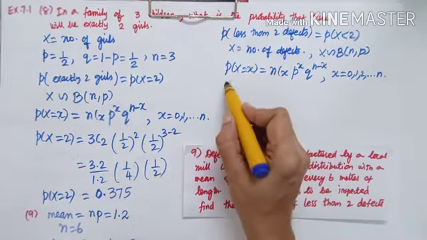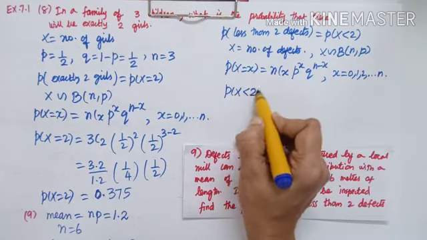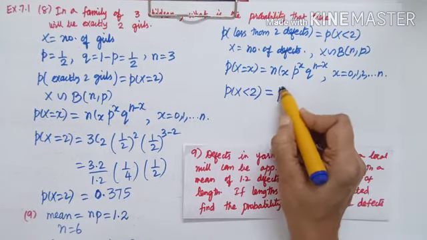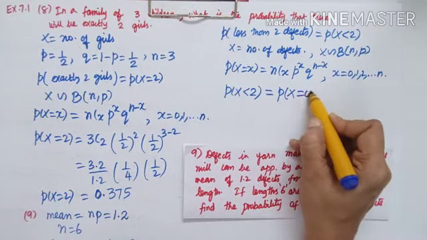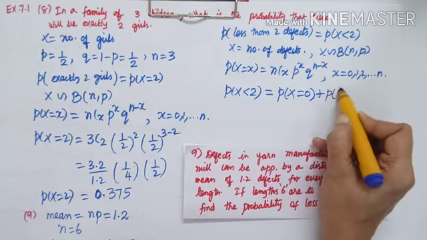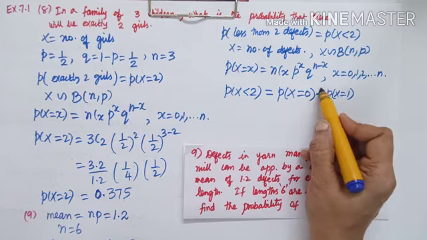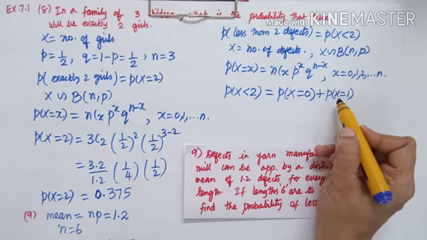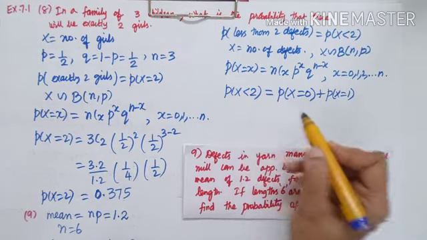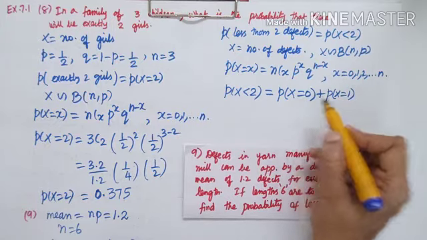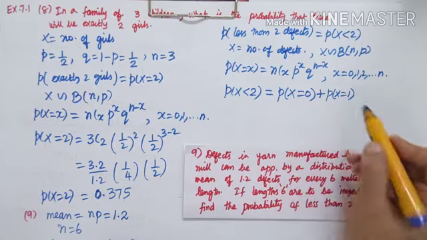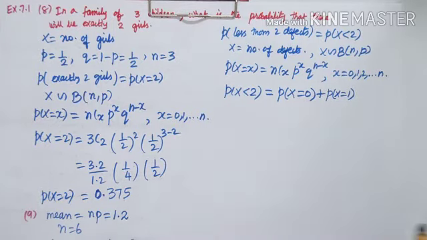Now what is my question? X less than 2. How do I write a number less than 2? It may be 0 or it may be 1. And whenever I say the word or, we have to add the probability. So less than 2 tells me equals to 0 and equals to 1 I need to add. Let us substitute the values.